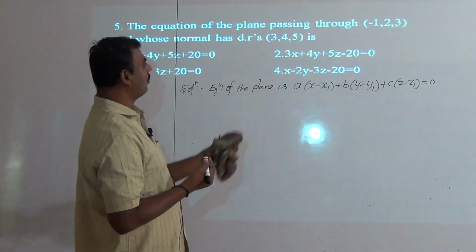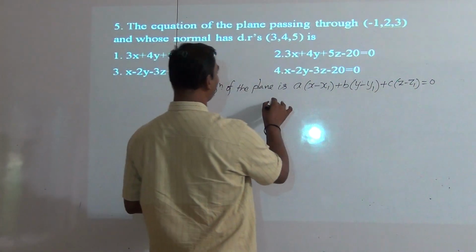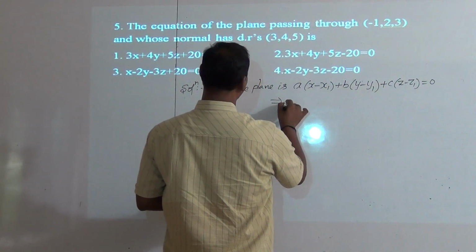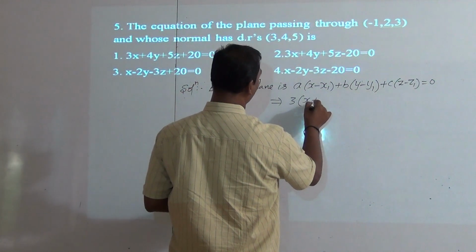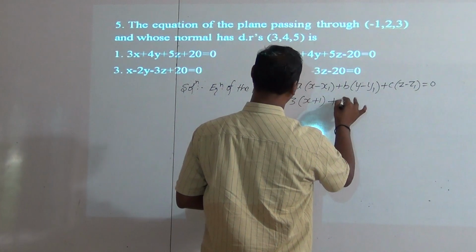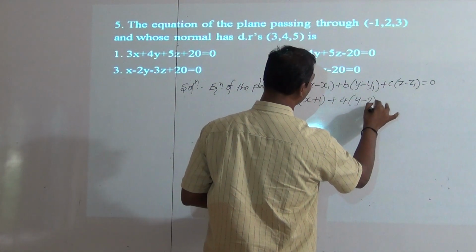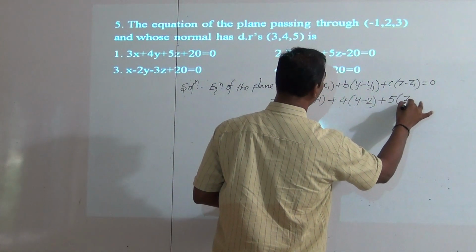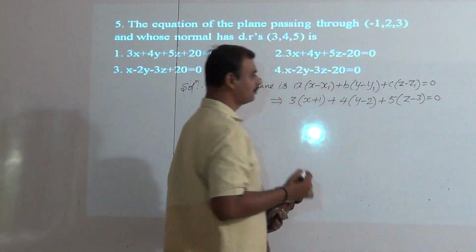Now the point is given, DRs given, simplify. What are the DRs here? 3 bracket x minus 1 becomes plus 1. Clear? Plus 4 bracket y minus 2 plus 5 bracket z minus 3 equals 0.